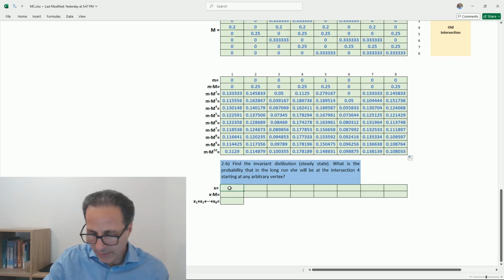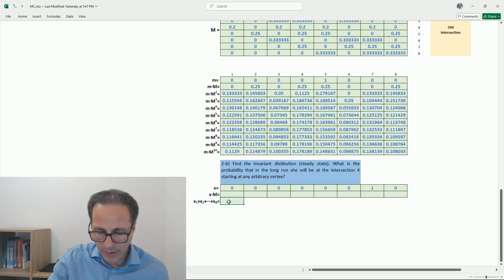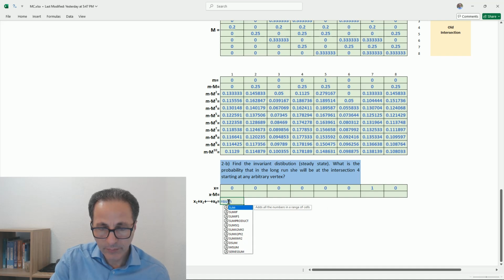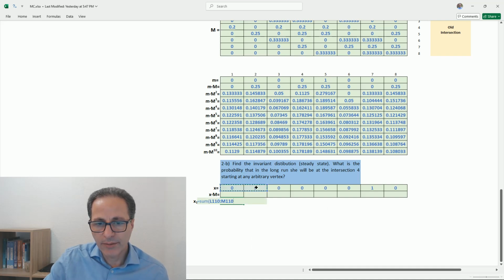Now again the same way, here we have the xi's. Again we can give the initial value. It can be anything, even if it's not a probability vector, but I give a probability vector. And here we need a formula equals the sum of these values, which must be equal to 1. For now this is 1, but if I give this one 0 also, it doesn't matter.